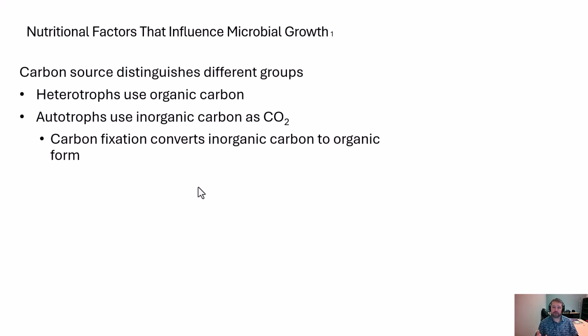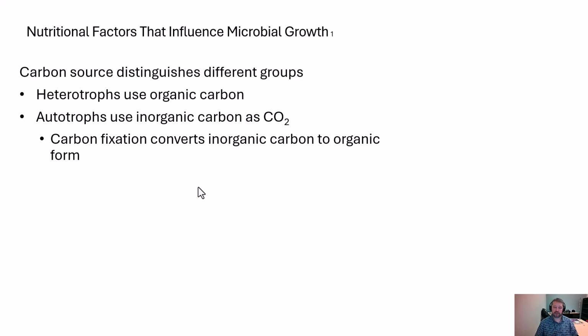That could be that they actually just eat something else, or something that's dead. They might have a symbiotic relationship with something that's generating this organic carbon.